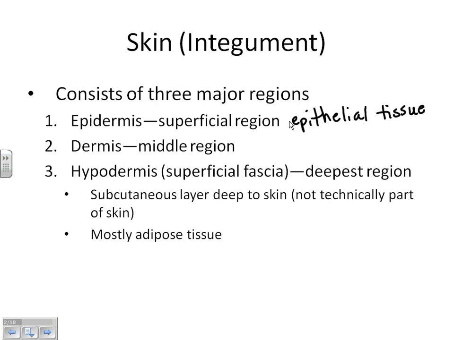The middle part, your dermis, is made of connective tissue. It's actually made up of more than one type. The first type is areolar connective tissue. Then below that is dense, irregular connective tissue. The hypodermis is also connective tissue, but it is mostly adipose tissue.